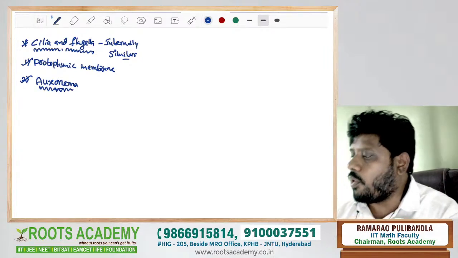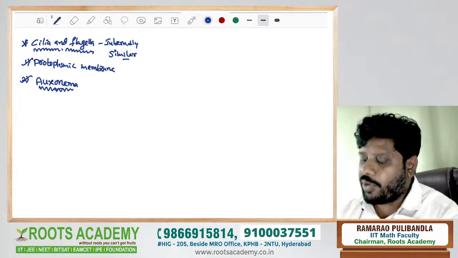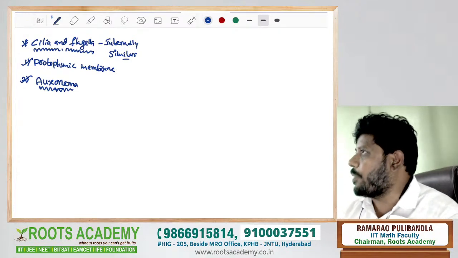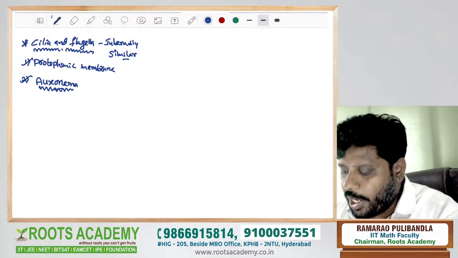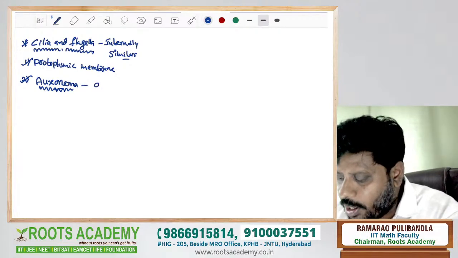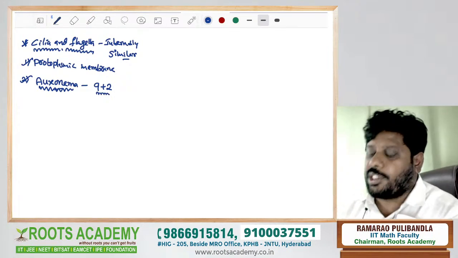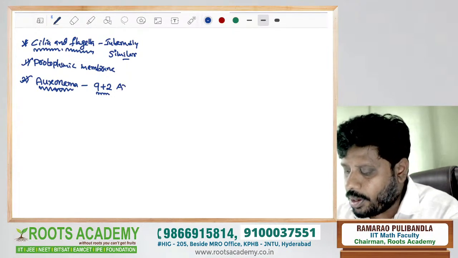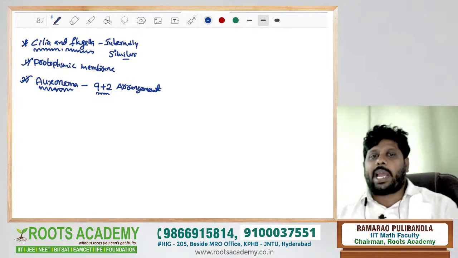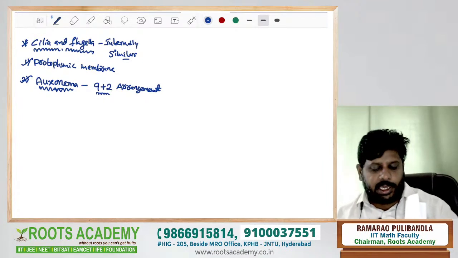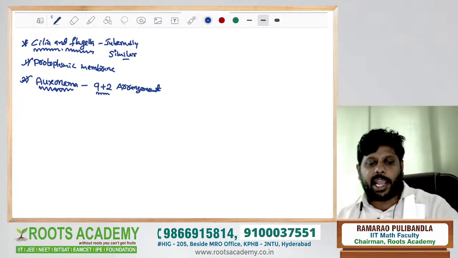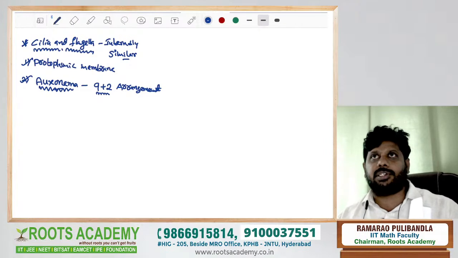Internally the axonema shows a 9+2 arrangement.